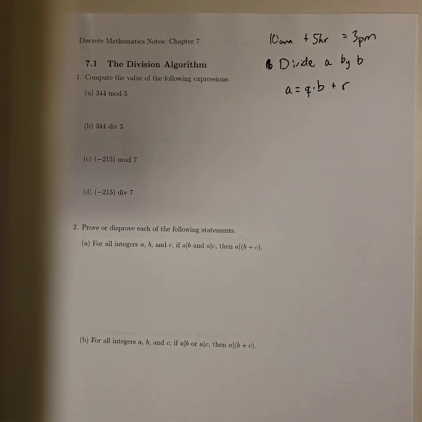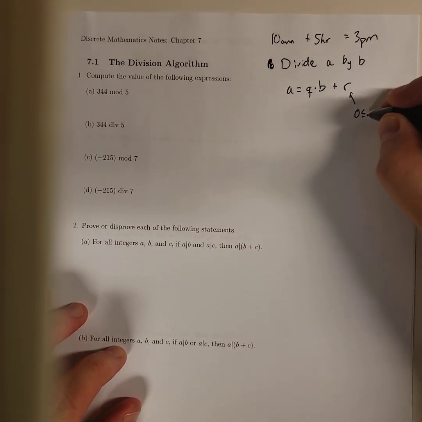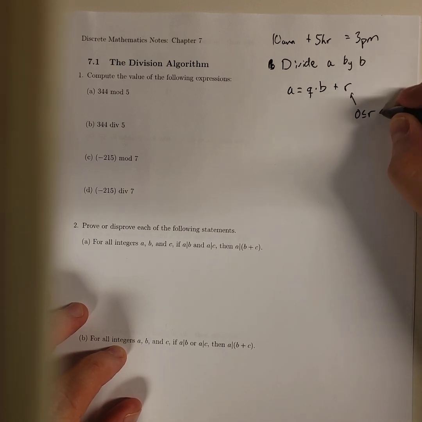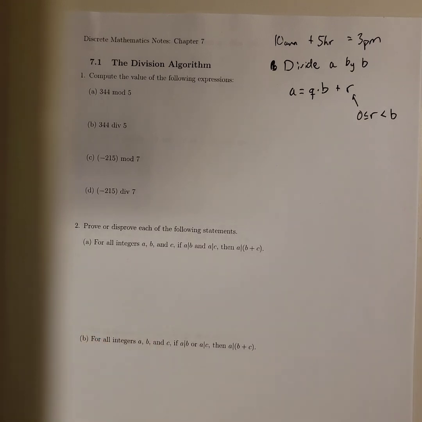It's possible that you have no remainder, then we'd say it goes in evenly. And this remainder could be 0, but it has to be strictly less than b. If it was bigger than b, then we would say it goes in more times than that.